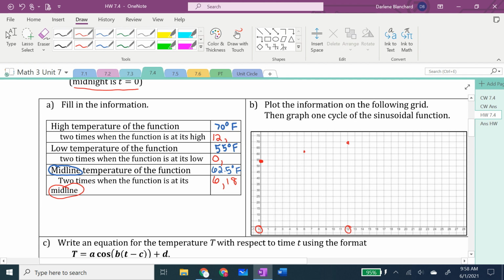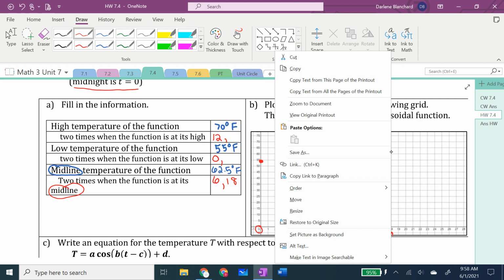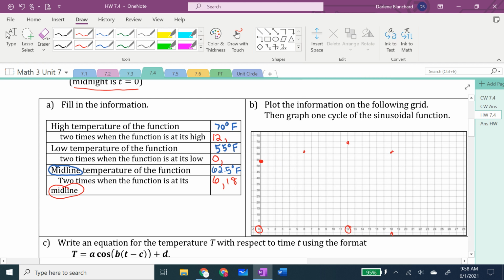And then, so it goes low, midline, high, midline 6 later, which there's 18. Then it's low at 24. Yep, you got it. Low at 24.